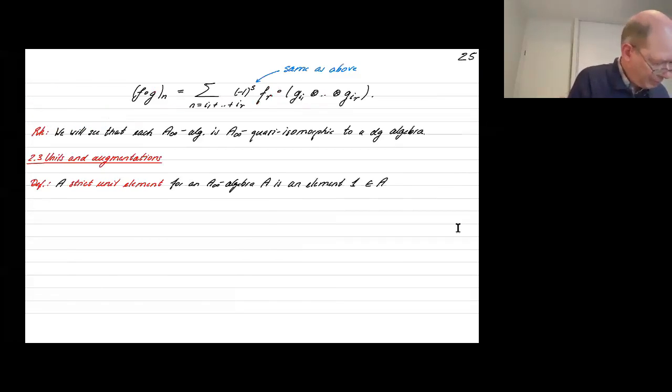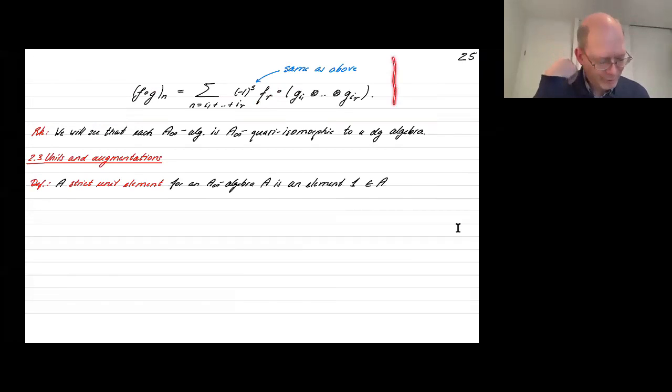So we have not spoken yet about units. Here you have the formula which we have just seen. There are several notions of units. I will present 2 of them.